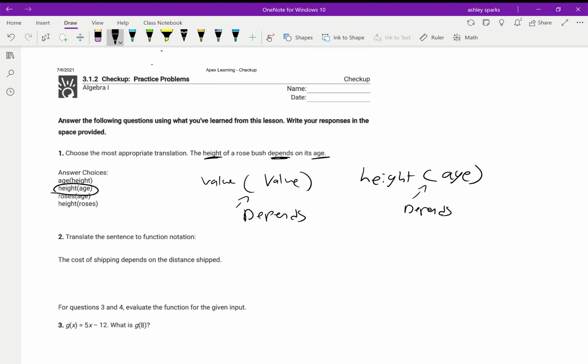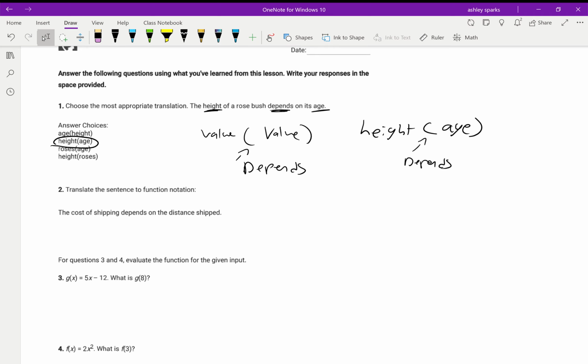Okay? So if we wanted to do our next one and translate it into this, we have cost of shipping depends, obviously important, on distance shipped. So cost depends on distance shipped.